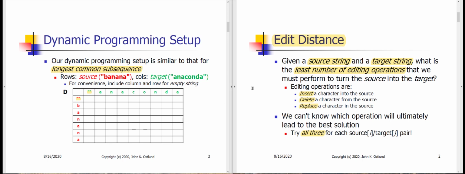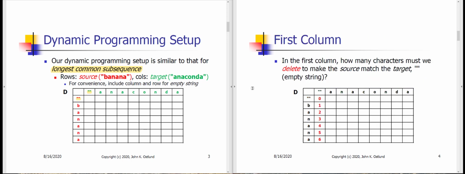All right, so let's take a look at what we're going to do with this array. Now, the first column represents deletion of characters from the source string in order to match the target.